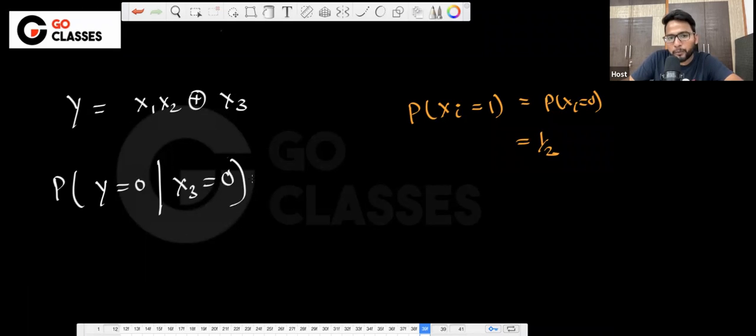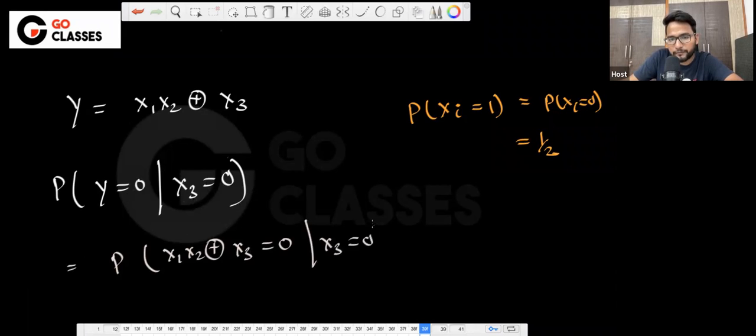So what you can do, you can put x3 equal to 0 directly here. Maybe this could be one of the methods. If you put x3 equal to 0, this is x1, x2, or x3 equal to 0, given that x3 equal to 0. Is it okay to say something like this directly? Not directly.